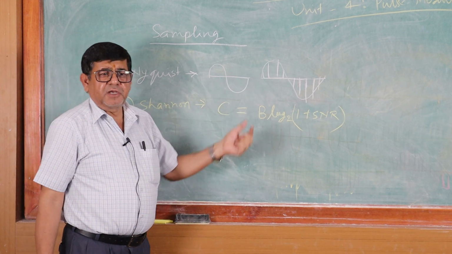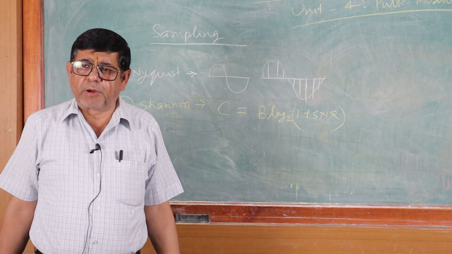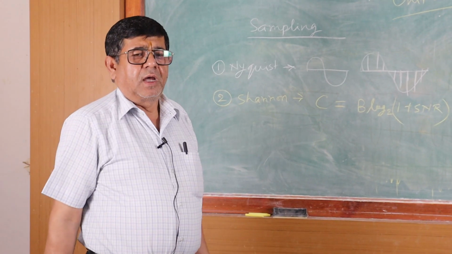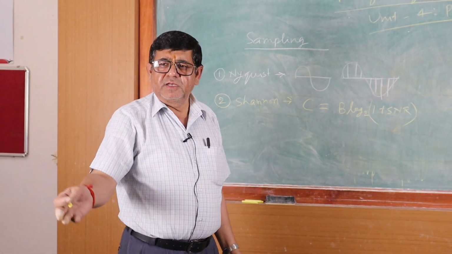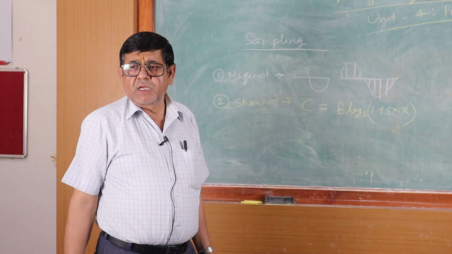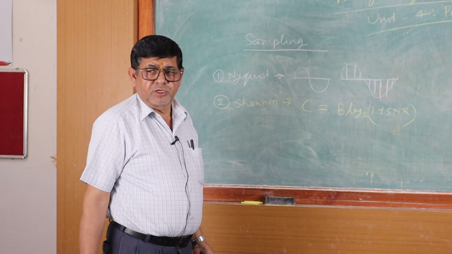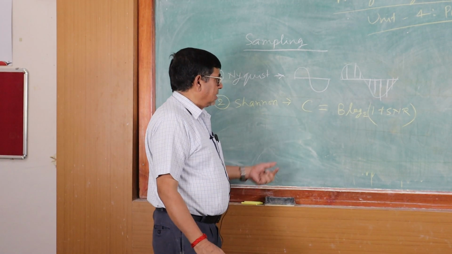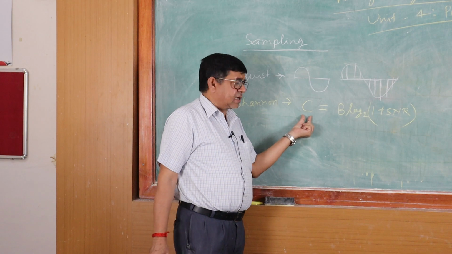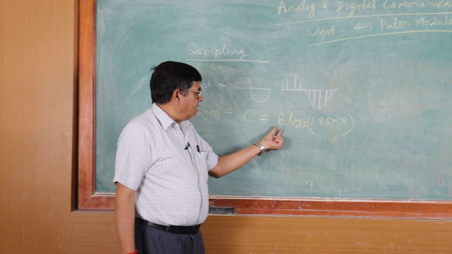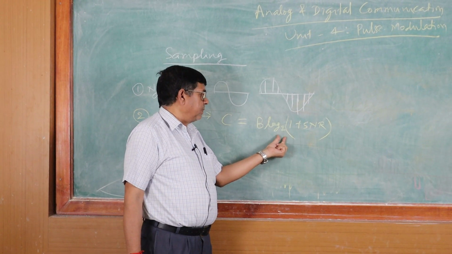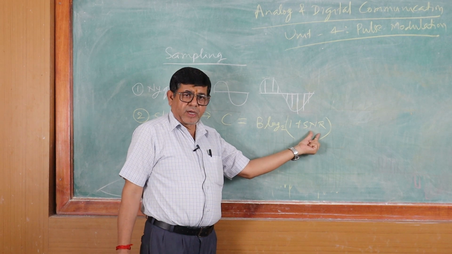Earlier we were transmitting in kbps, kilobits per second. Now in fifth generation or even in sixth generation, we will be talking about gigabits per second, not kilobits per second. Because of this, he told the maximum channel capacity is bandwidth times log to the base 2 of (1 plus signal to noise ratio).